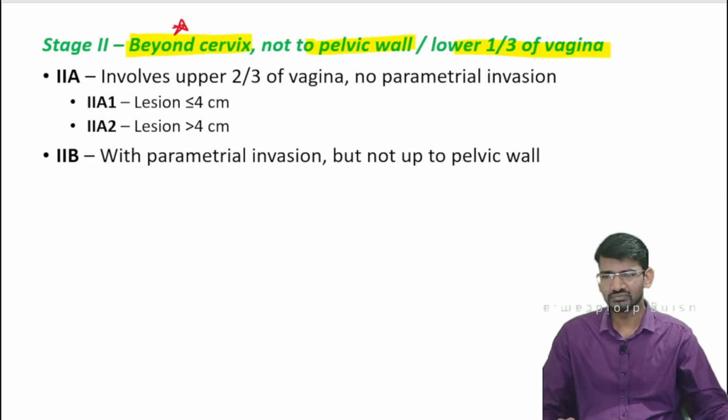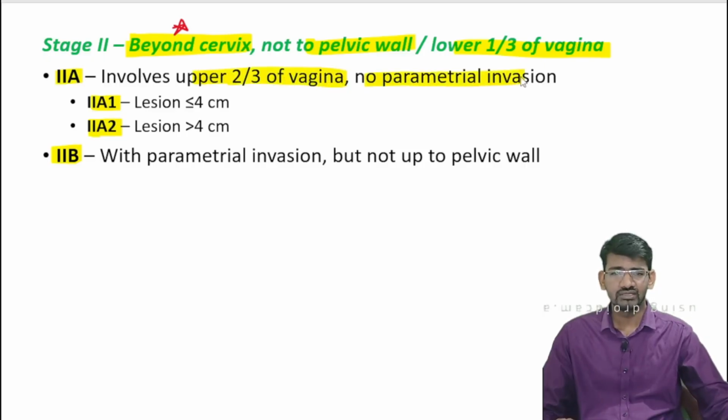Again we have subtypes, 2A and 2B. In 2A, we again have subtypes A1 and A2. In subtype A, it involves the upper two-third of the vagina, and no parametrial invasion.